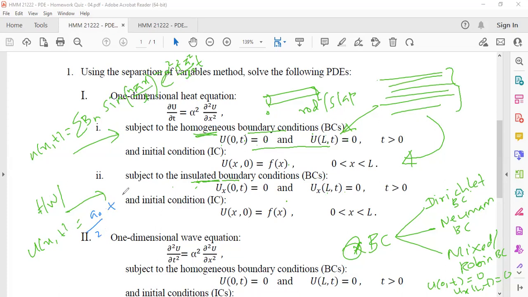I'm not sure about this one, but you can find out. Something like b_n cos(n pi x over L) e to the power minus alpha squared n squared pi squared over L squared t. So that is your homework.